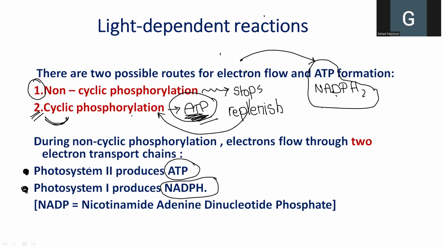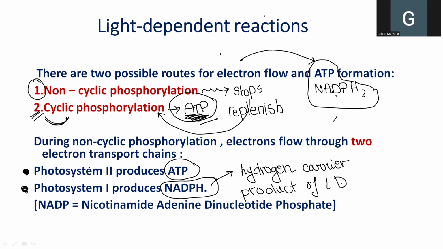You just have to know that nicotinamide adenine dinucleotide phosphate is a hydrogen carrier that is produced at the end of photosystem 1, and it is a product of the light-dependent reactions, and the reduced NADP will be utilized to reduce carbon dioxide to produce glucose.